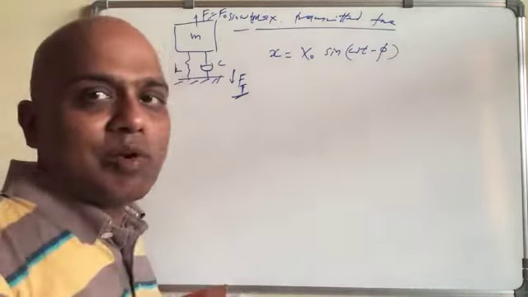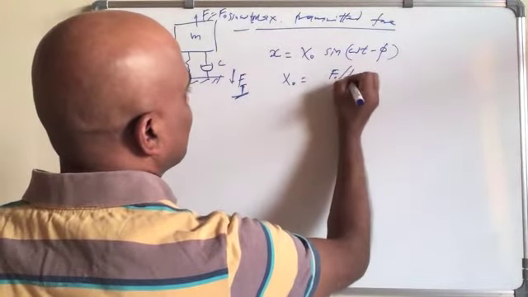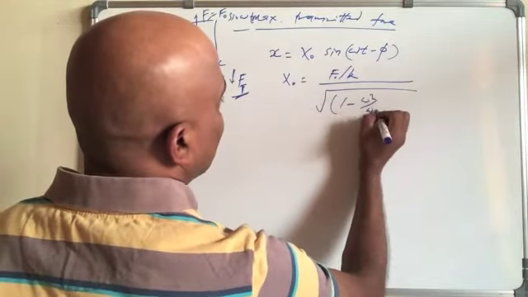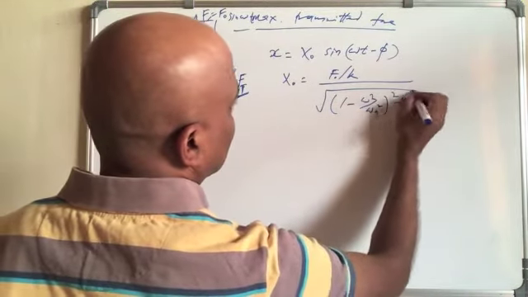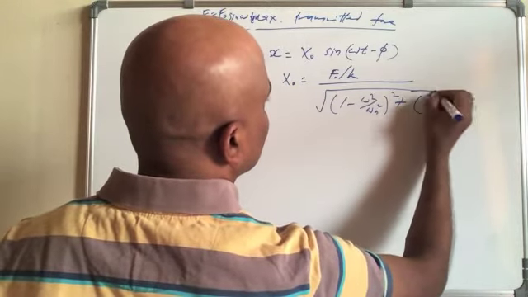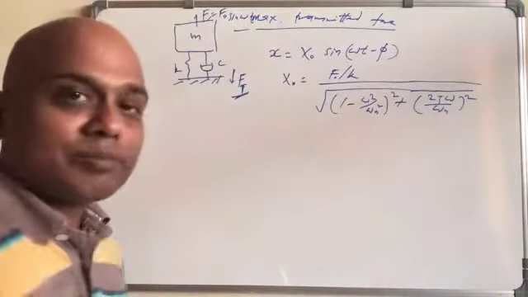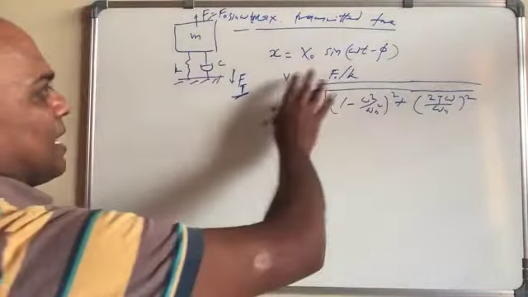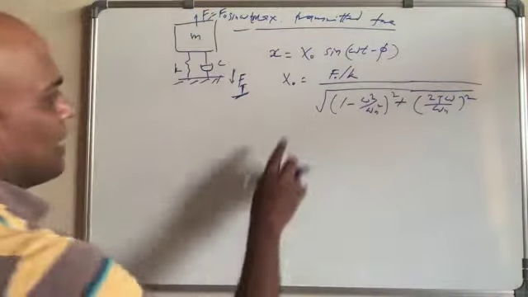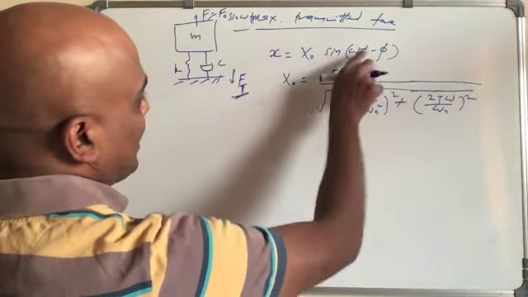This we know already, where x naught is F naught over k divided by root of 1 minus omega square over omega n square, plus 2 zeta omega over omega n square. If you practice so many times, you will memorize it and it will come to you automatically. So x is given by x naught, where x naught is like this.